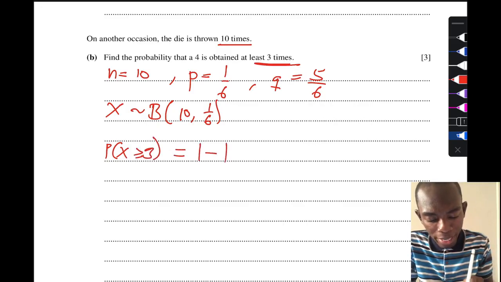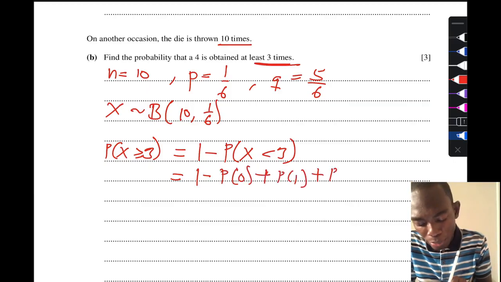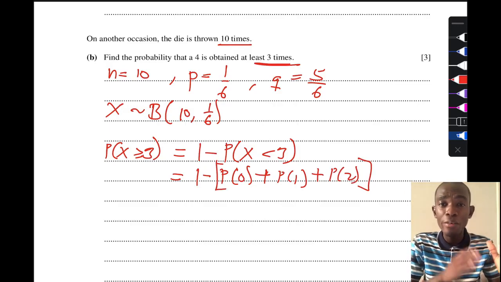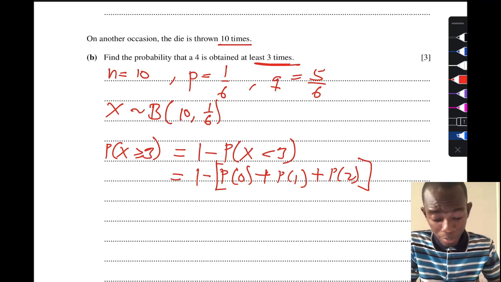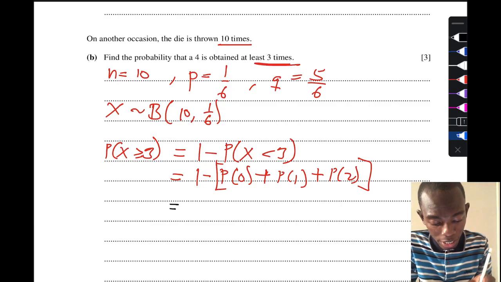So I'd rather do 1 minus the probability of x less than 3. And if it's less than 3, I'm looking at 1 minus the probability of 0 plus the probability of 1 plus the probability of 2. This is a good way to go about it rather than doing 3, 4, 5, 6, 7, 8, 9, 10. You are writing against time, so you cannot afford those things.